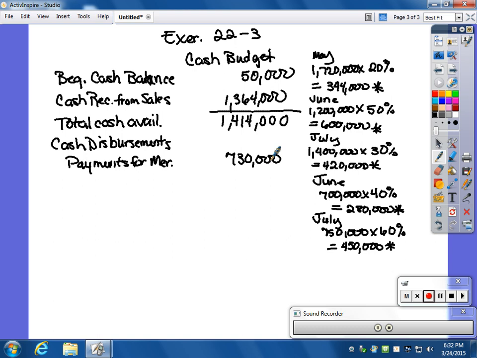Next we need to include what other charges. It says here budgeted cash disbursements for salaries in July were 275,000. So salaries is next. What's the next disbursement? Depreciation.